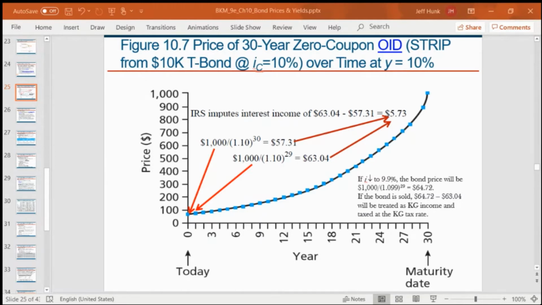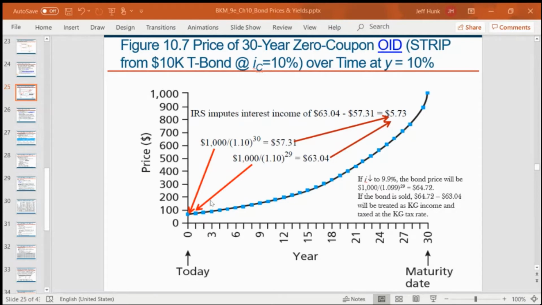And the one that you're going to receive 29 years later, the second from the last one, today's value would be 63.